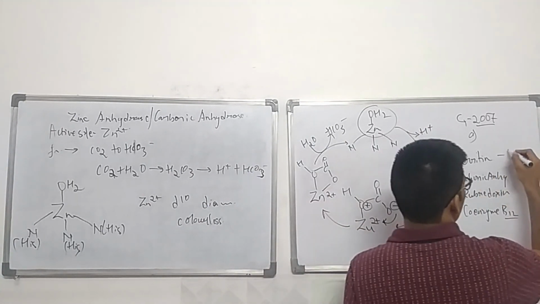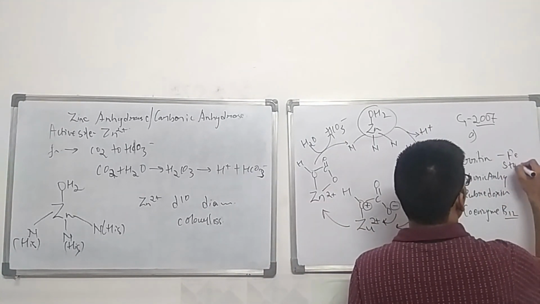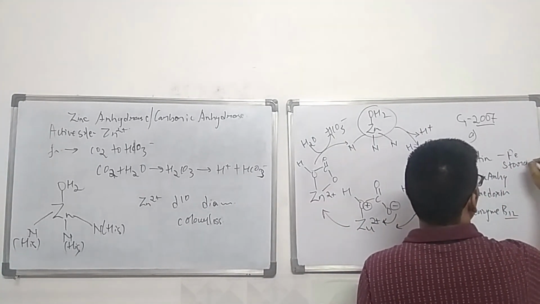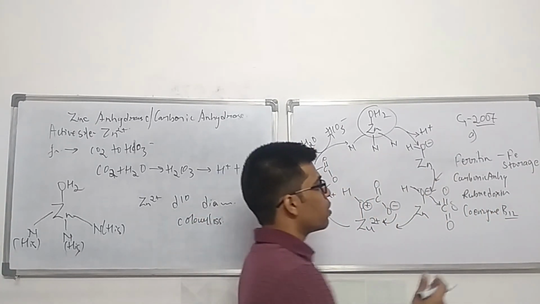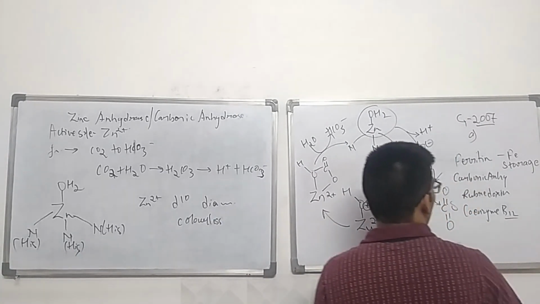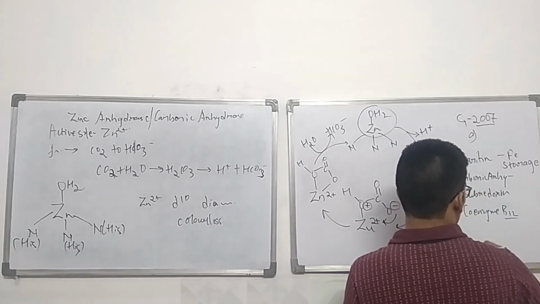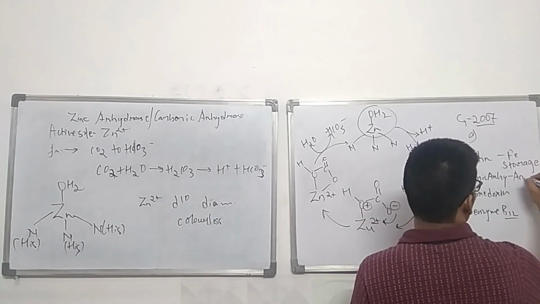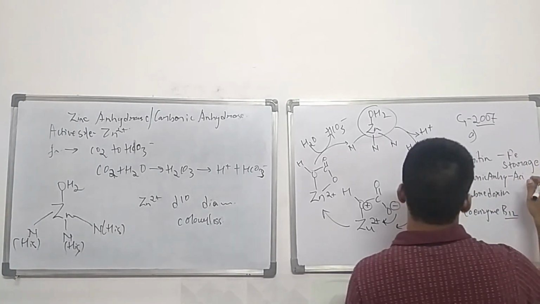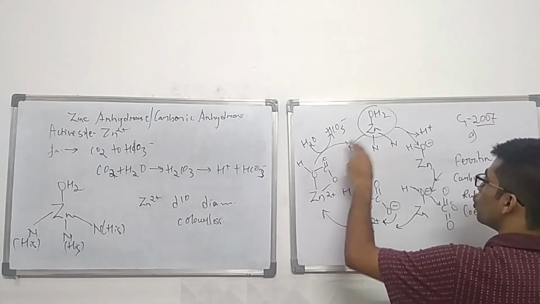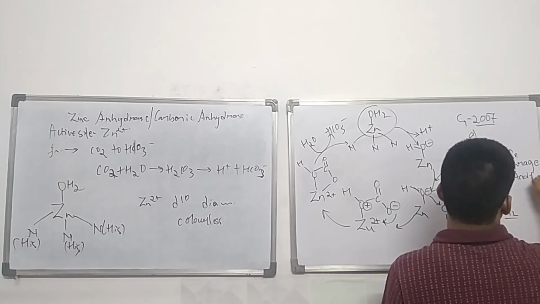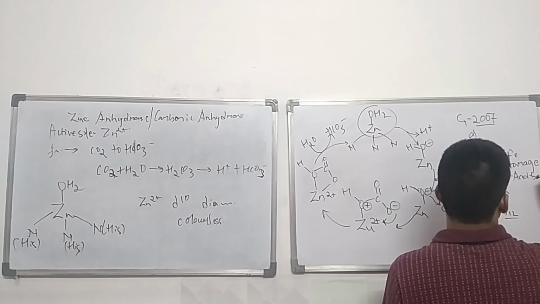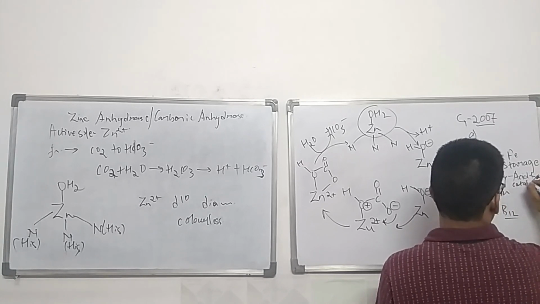Now, ferritin is an iron storage protein. I have not discussed it because questions have not come from it ever. This is the first time that it is coming. Now, carbonic anhydrase, as I told you, does hydrolysis, it converts carbon dioxide to carbonic acid, or it is also used in acid-base catalysis.